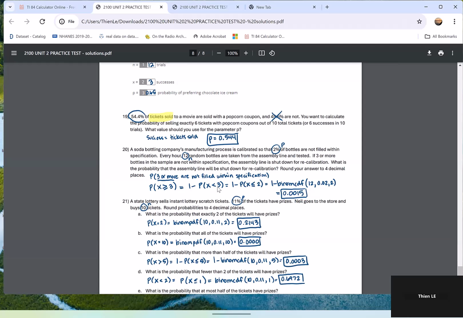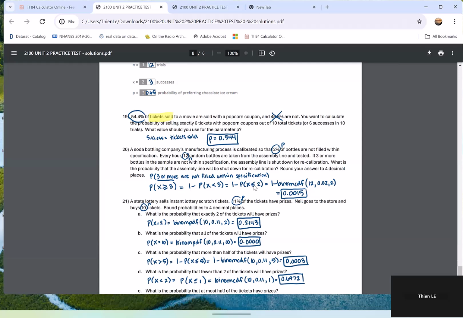Less than 3 means 2 and below, so the probability of X less than or equal to 2. Now binomcdf will work. You have to be very careful here, because a lot of the time I see students just plug in binomcdf with 12, 0.02 and 3, and it gives the wrong answer. You have to go down to 2, because binomcdf works with the equal sign only.